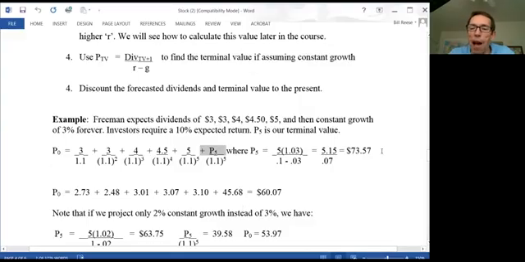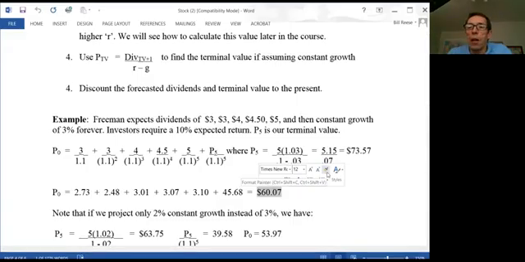And the price at time 5, we just said, we think it's going to be $73.57. So you do the math on this, and you end up getting that the price at time 0 is going to be $60.07.